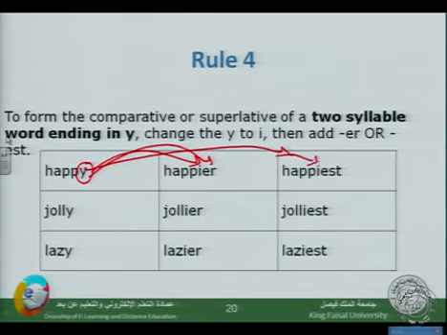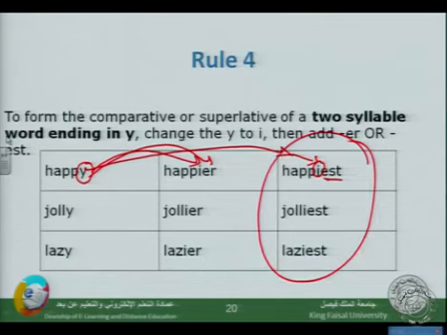We change Y into I and then we add EST. ونفس الشيء عملنا مع jolly, jollier, jolliest. lazy, lazier, laziest. ففي حالة إذا كان في عندنا two syllable adjectives ending in Y أو LY, we need to change the Y into I, then we add ER to make a comparative form, and then we change Y into I and we add EST to make a superlative form as in these examples.